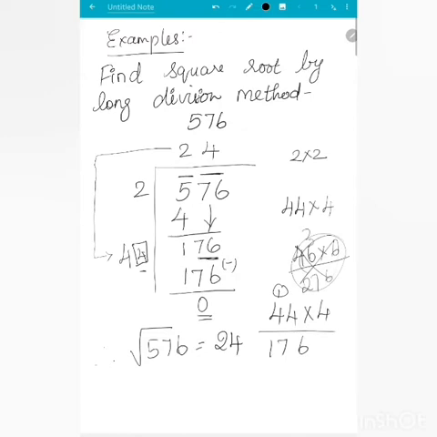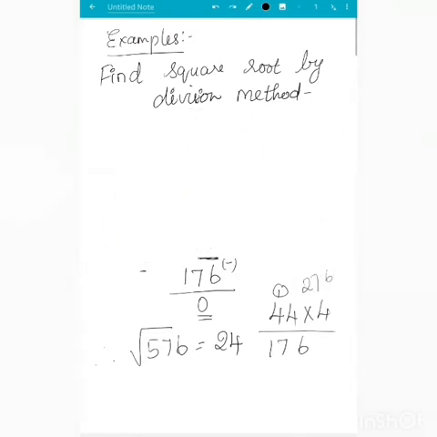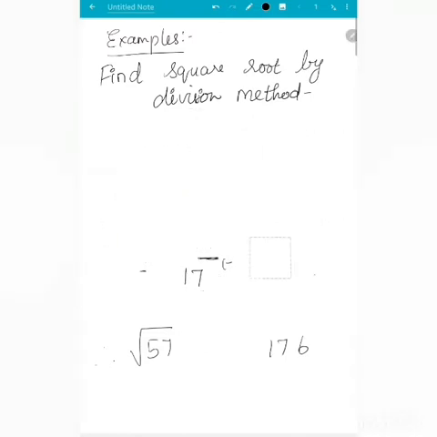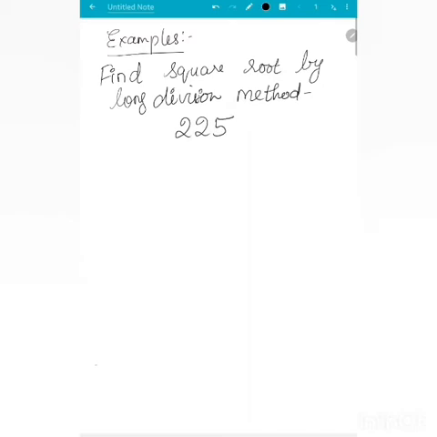Let me discuss some other sums also. Let me take 225. The same procedure. Split the 2, but here it is only 1 digit.